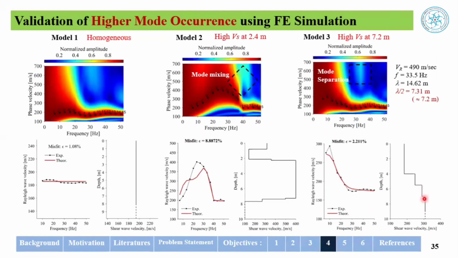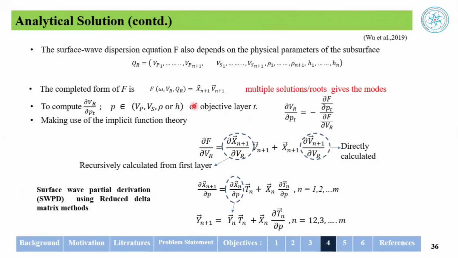We have also used the same information of the soil layer configuration, and calculated the fundamental and higher modes using the surface wave partial derivative, using the implicit function theorem.